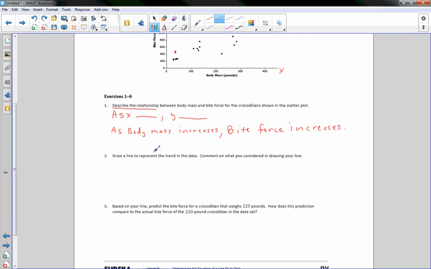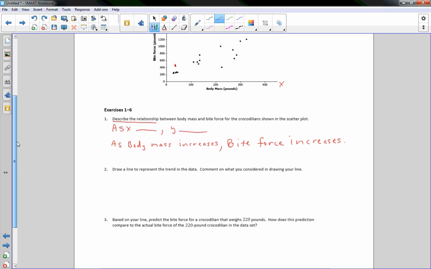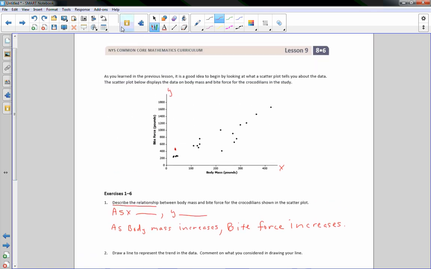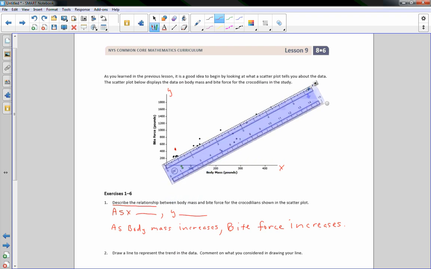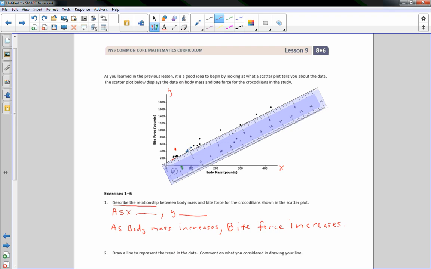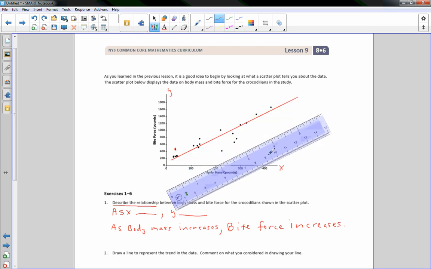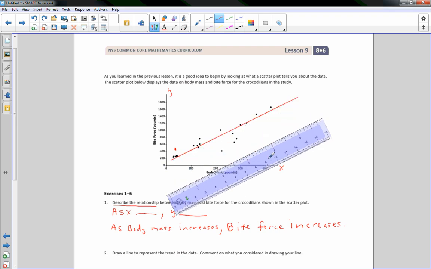Okay, number 2, draw a line to represent the trend in the data. Comment on what you considered in drawing your line. All right, so I'm going to get my ruler and rotate it. I'm going to draw a couple of lines and erase the ones that I don't want to use. Okay, so I could draw a line there. If I move this off now and look at it, we're trying to find where the data is.